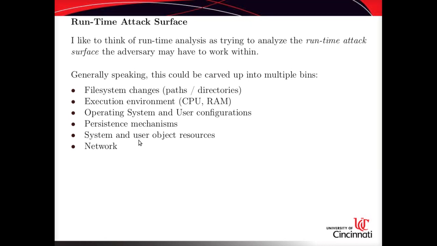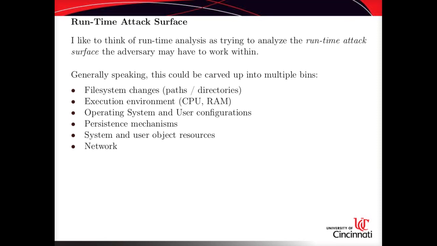So there's also system and user object resources. These are also most of the time hidden from view, unless on a Windows system you've written a lot of applications that do a lot of intercommunication. In our case, when we're dealing with malware, a lot of times we end up dealing with software that was written to interact with other programs on the computer, sometimes other legitimate programs.